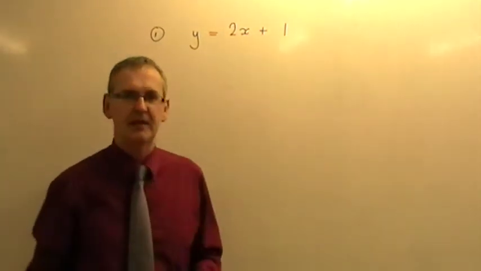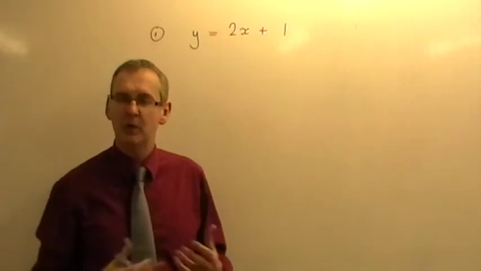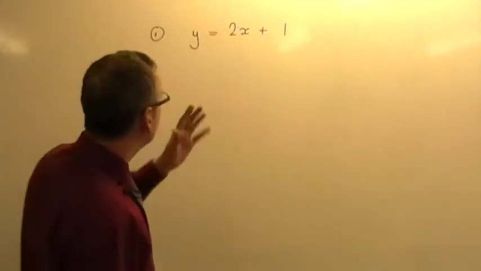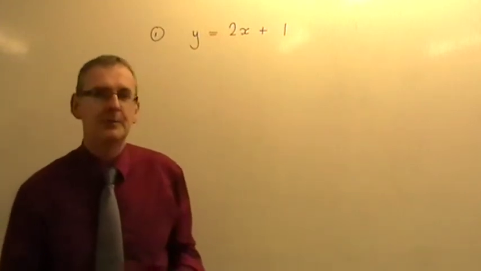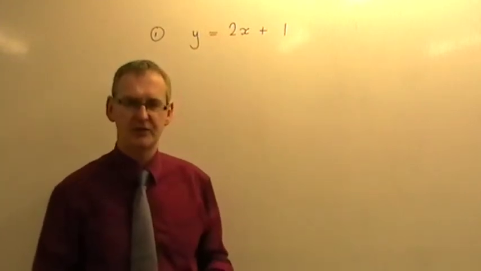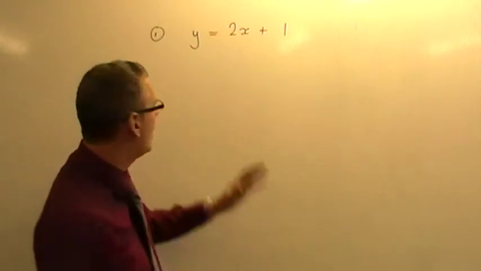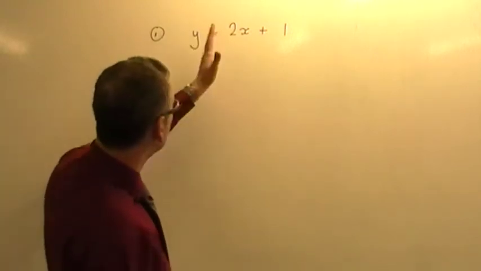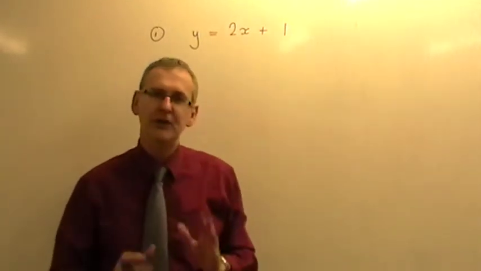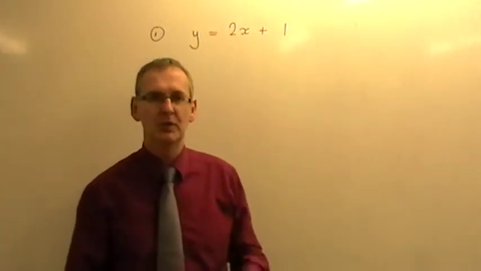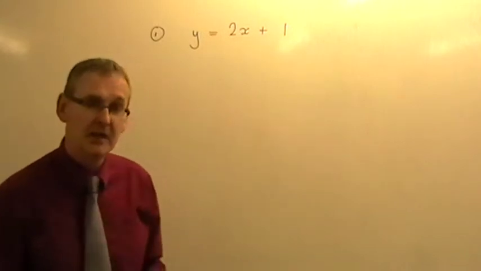Okay, for this particular mathematical name or equation of a straight line, you will see we've got a y on the left hand side, and this is what you will find in nearly all equations or names of straight lines, that you have a y on its own on the left hand side equals some x's and then a number.